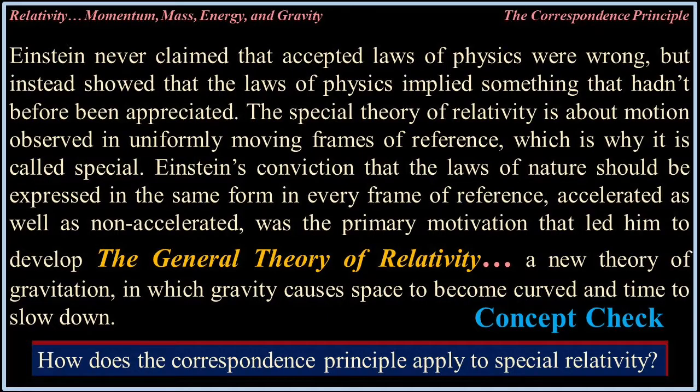Einstein's conviction that the laws of nature should be expressed in the same form in every frame of reference, accelerated as well as non-accelerated, was the primary motivation that led him to develop the general theory of relativity, a new theory of gravitation, in which gravity causes space to become curved and time to slow down. Concept check: How does the correspondence principle apply to special relativity?